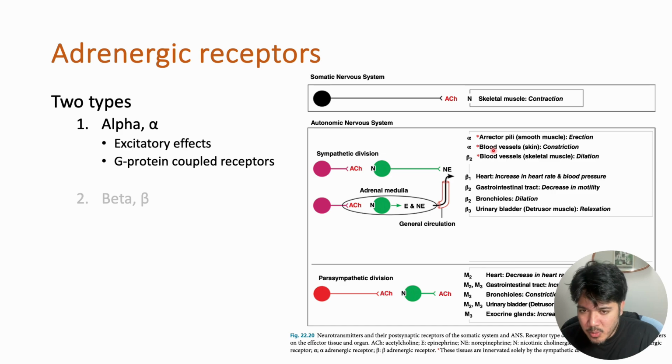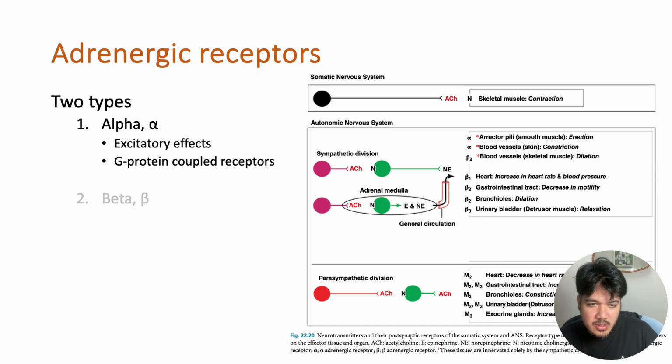I think those are the main ones that we really need to remember when we learn the application of neuropharmacology. Just to go over this image again: preganglionic fiber, acetylcholine, nicotinic receptor on your postganglionic fiber, you have norepinephrine or noradrenaline here, and you have your alpha receptors found on your blood vessels.